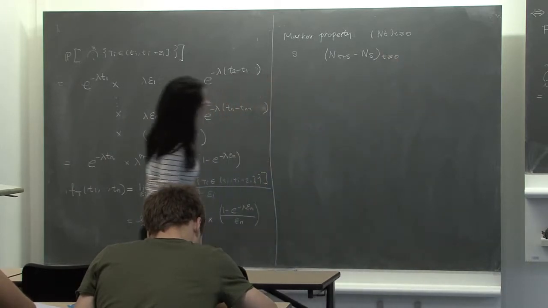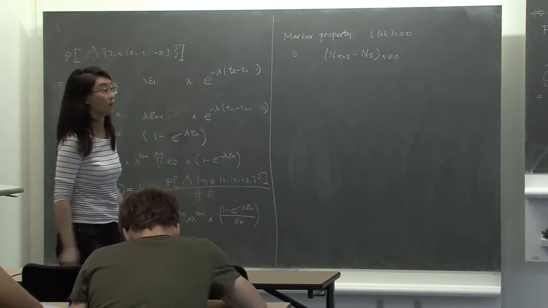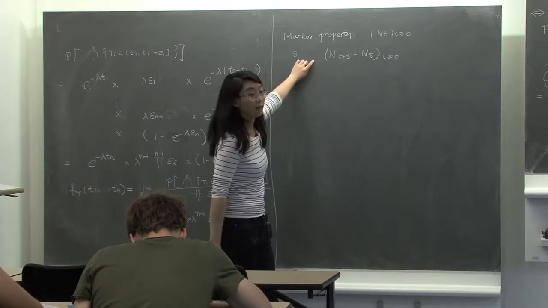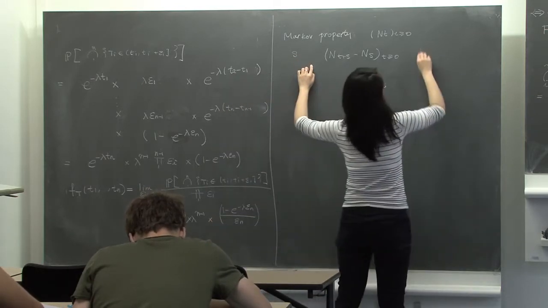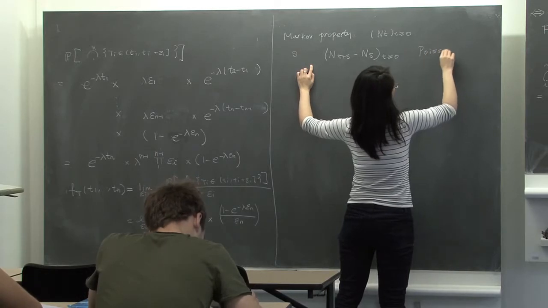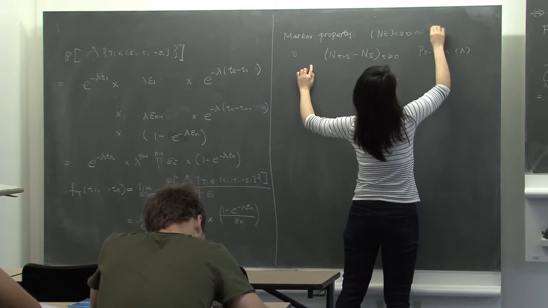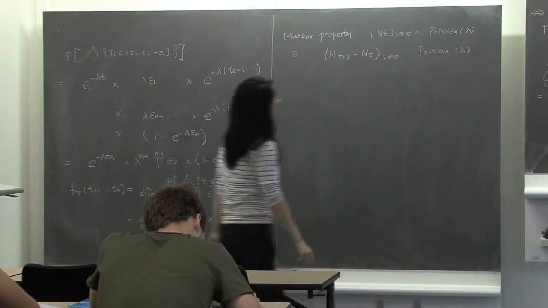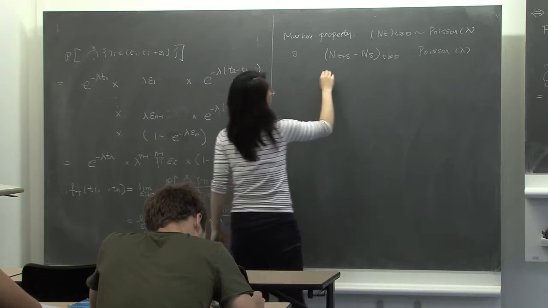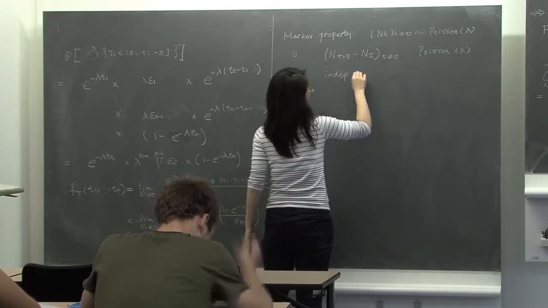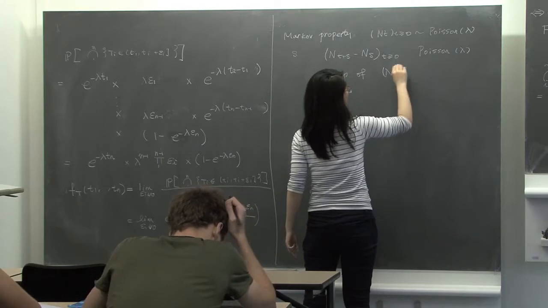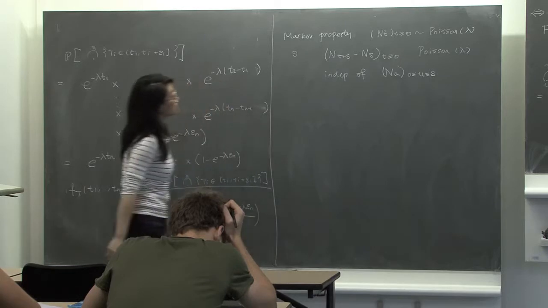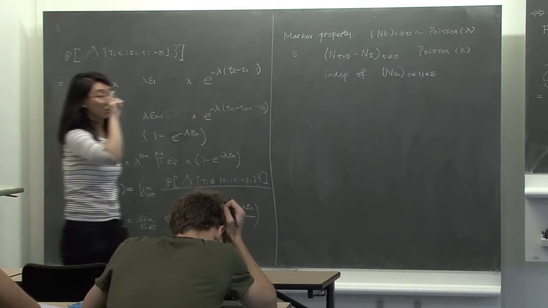So this is a new process indexed by the positive reals. And the conclusion is, this new process is also a Poisson process with the same parameter. And moreover, it is independent of what happens before s. So this is called the Markov property for Poisson process.